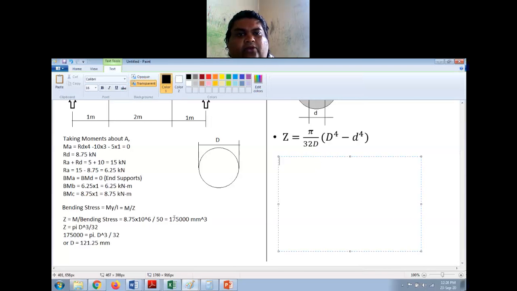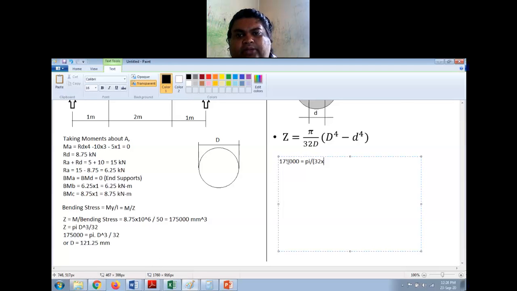Now this value will be 175,000 again. 175,000 is equal to pi by 32 into D, which is 121.25.